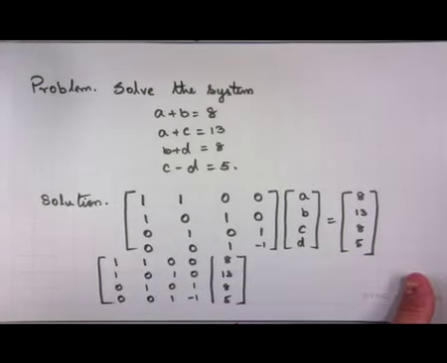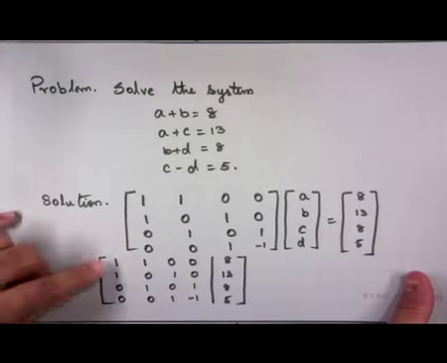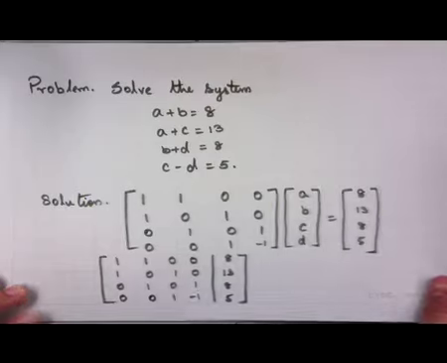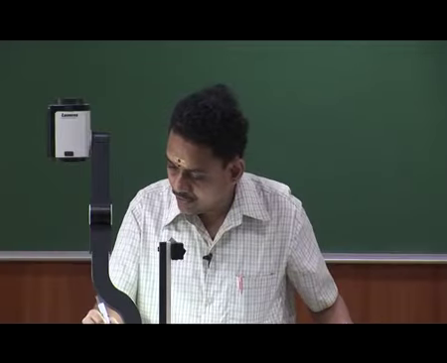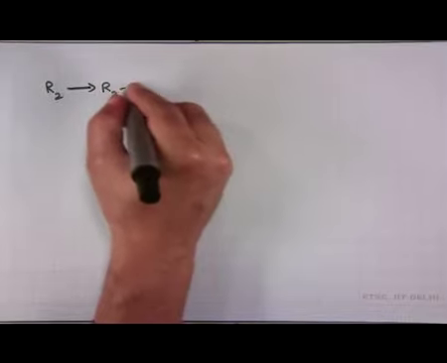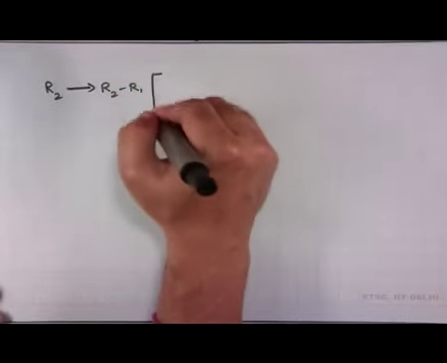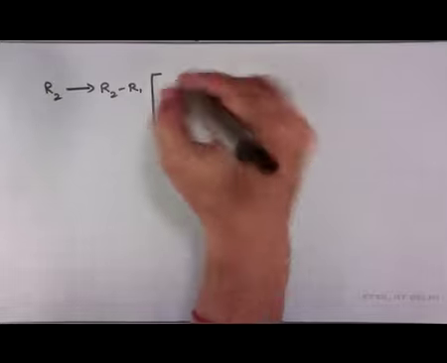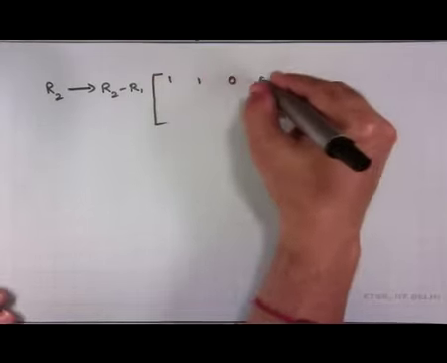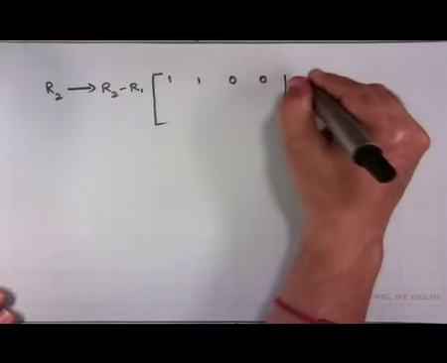The first row, the first element is 1, so let us not bother about it. We will have to convert the other element which is 1, in the second row, into 0. So, R 2 is replaced by R 2 minus R 1. The resulting matrix is: the first row remains unchanged, 1 1 0 0 augmented with 8.